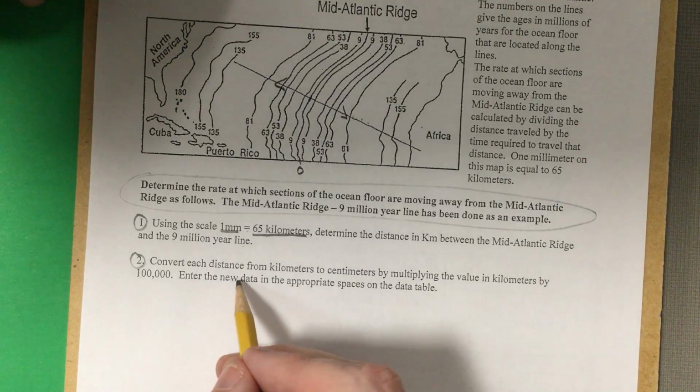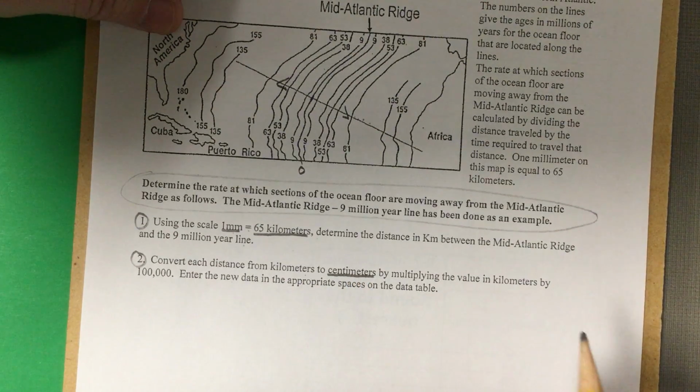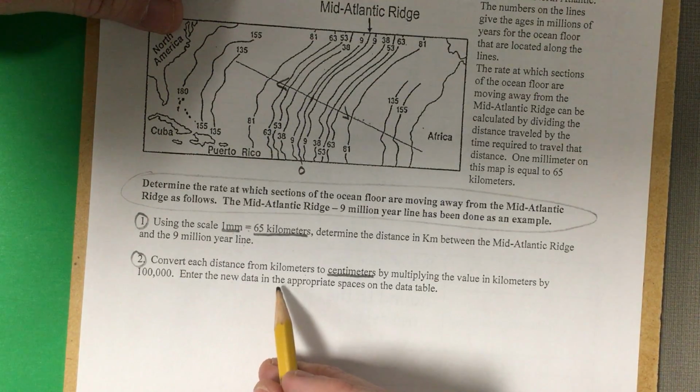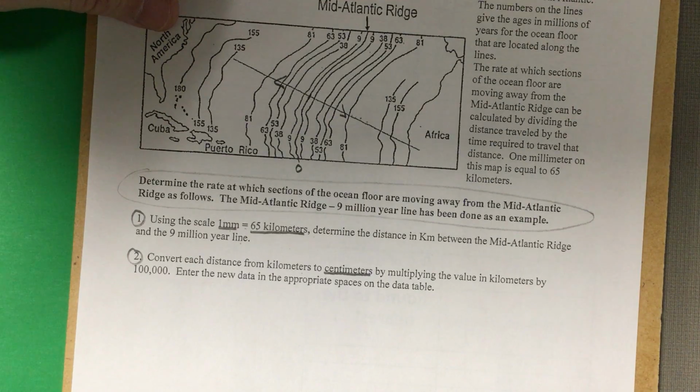Let's go to the second set of procedures. Convert each distance from kilometers to centimeters. The reason we're going to do that is because we know the ocean floor plate moves very, very slowly, about as fast as your fingernails grow. So measuring it in kilometers per year, it'd be a really, really small decimal.